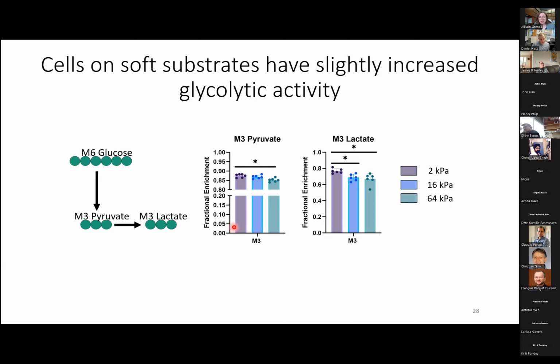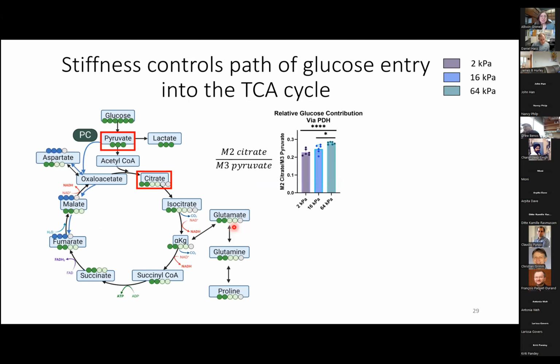And then I also looked at the contribution to the TCA cycle, and I got some puzzling results in my enrichment.